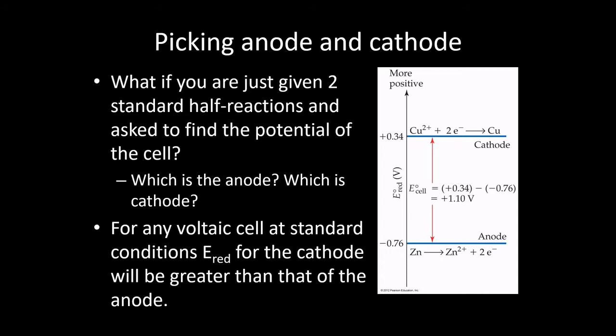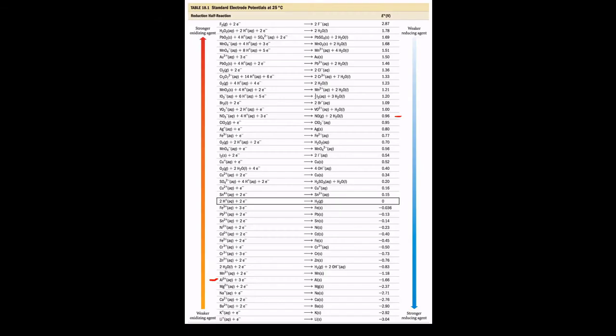That will always give you a positive cell voltage, which will give you a spontaneous reaction. And by the way, going back here, you do not have to have your cathode up above the standard hydrogen electrode and your anode below. You could have your cathode here and your anode here.